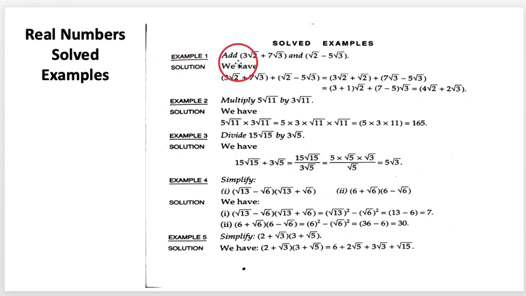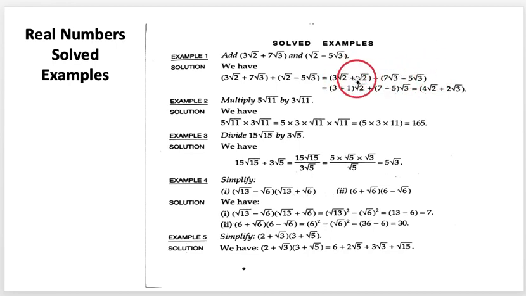Example 1. Addition: 3 root 2 plus 7 root 3, and root 2 minus 5 root 3. If we do the addition, just simply open the bracket. Root 2 is here and also root 2 here, so bring them in one place, and root 3 is here and root 3 is here, so keep these in another place.